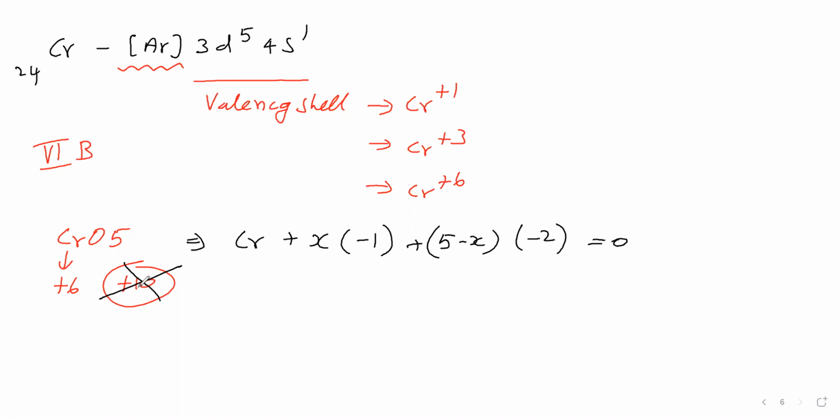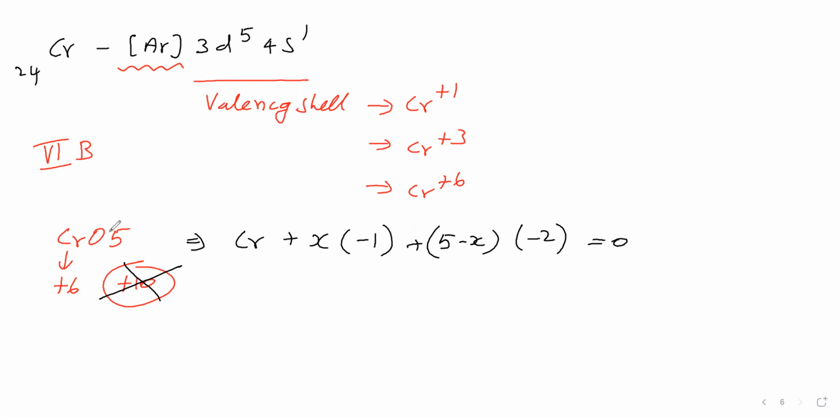It cannot show +10. This indicates all the oxygens are not oxides. All the oxygens cannot carry -2 oxidation number. That means some of the oxygens can carry -1. Some of the oxygens can be peroxides.